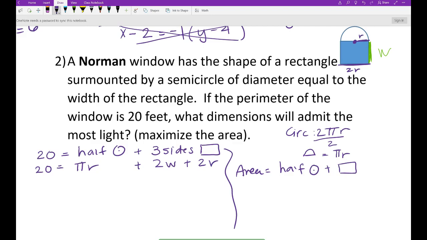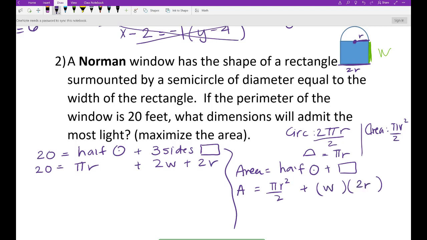The area of a circle is pi r squared, but this is just half, so divide by 2. So now area equals pi r squared over 2, plus the area of a rectangle, what should we write? W times 2r.